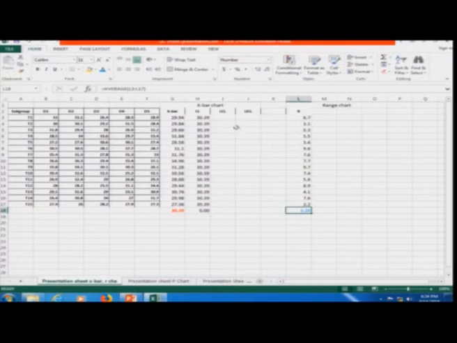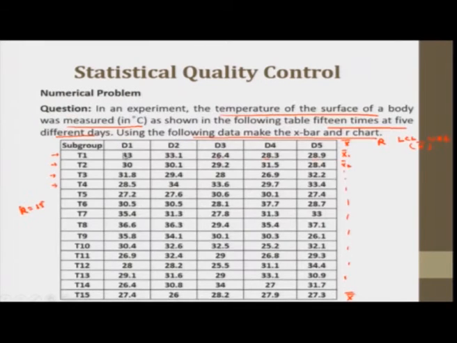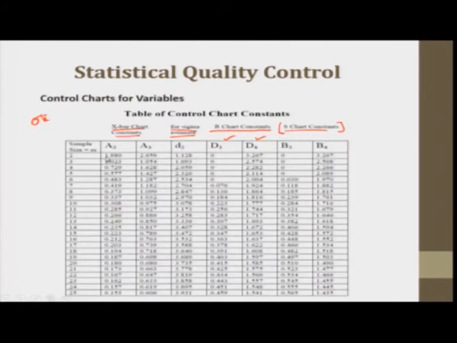So, this is my R bar, so my lower control limit would be equal to, as I had put in the formula, x double bar plus A2. What is the value of A2? Let me come back to this table here. The table has columns for sample size, A2, D1, D2, D3, D4. The sample size is 5, so the value of A2 would be taken for sample size 5.